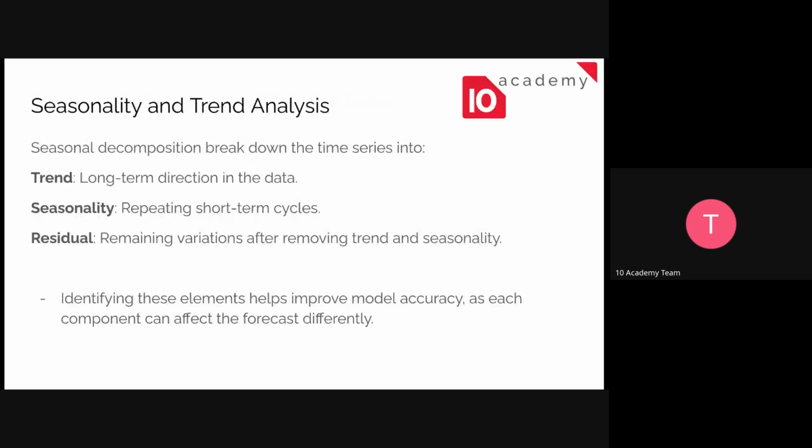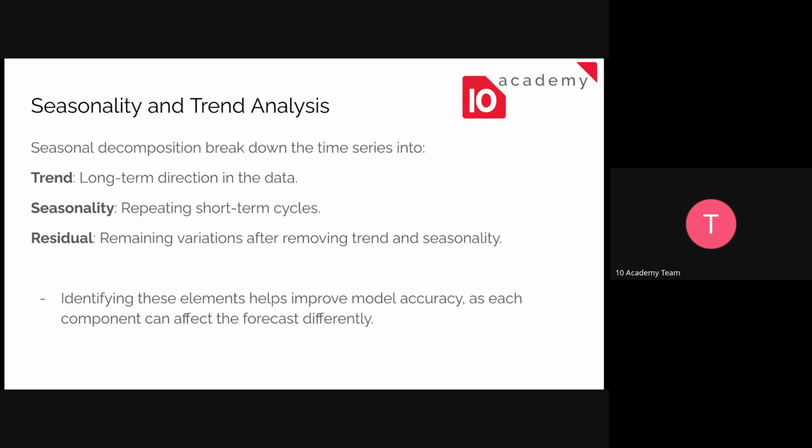Of course, when we talk about time series data, we have three things, right? The time series data can be classified into three components. You can classify it into trend. The trend means a long directional change in the data. It's not a daily thing or a monthly thing, but a long-term directional change.